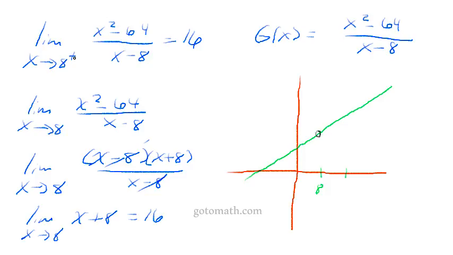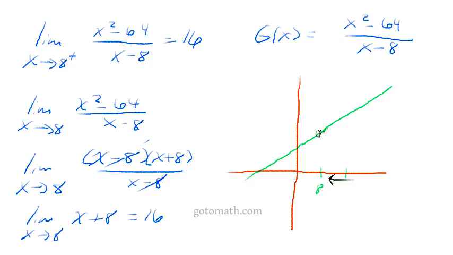Now let's talk about the plus side. This means that we're coming in from this direction. We're trying to find the limit as x approaches 8 of this line right here, coming in from the right hand side. And we're saying as we get closer and closer to 8, what is our y value approaching?